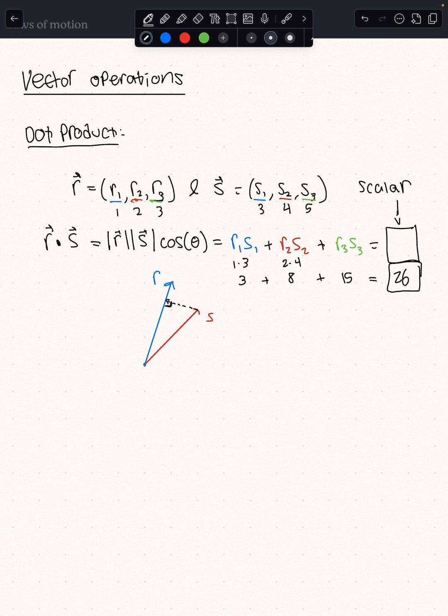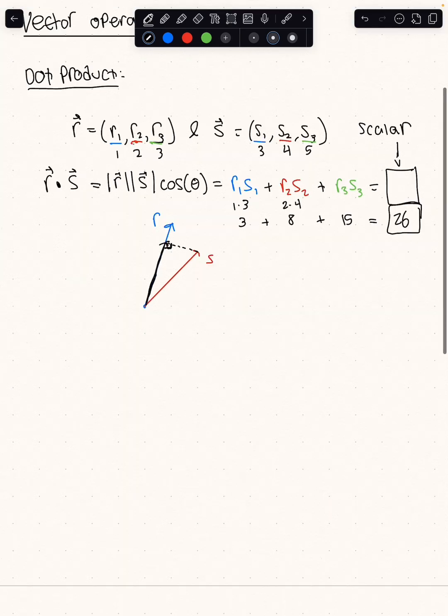The important part is this projection is 90 degrees. And what this is saying is how much of S is inside R. This guy here is what this is showing us, how much of S is inside of R.